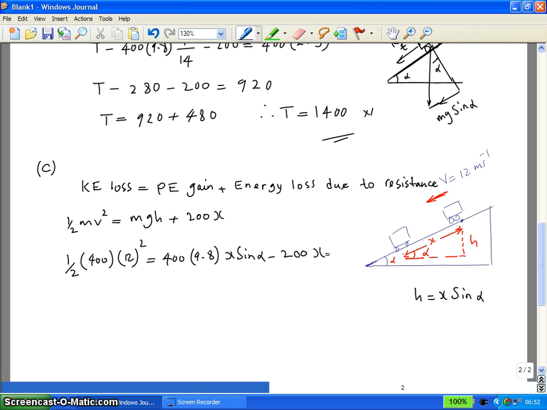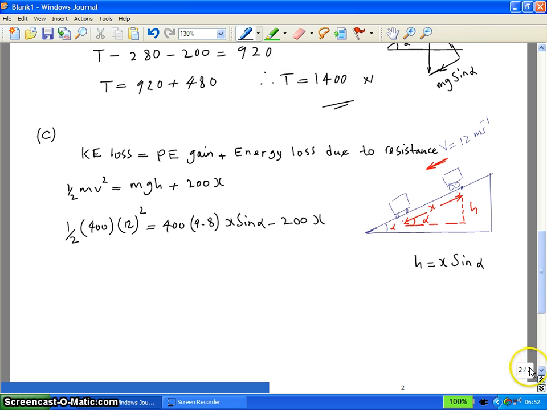As we can see now, we only have one unknown variable in here. If we then work that out, we get 28,800 equal to 280x, remembering sine alpha is 1 over 14, plus 200x.